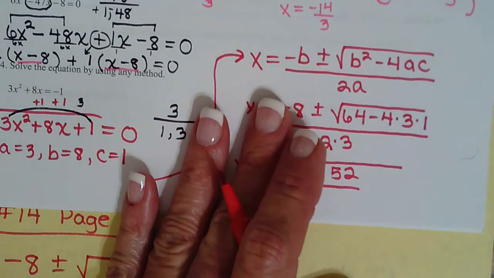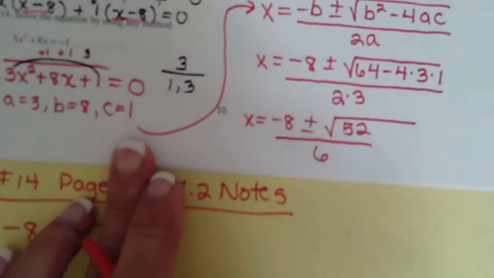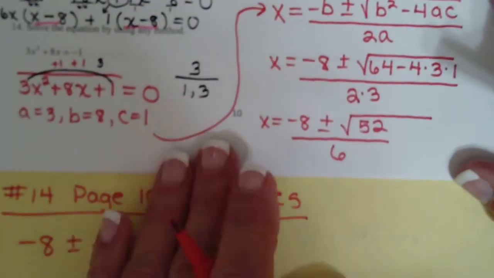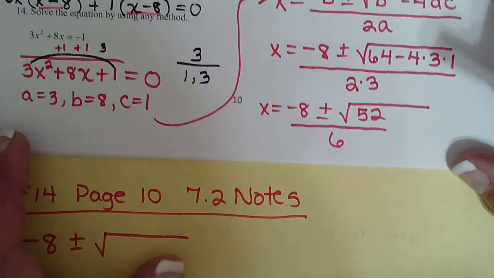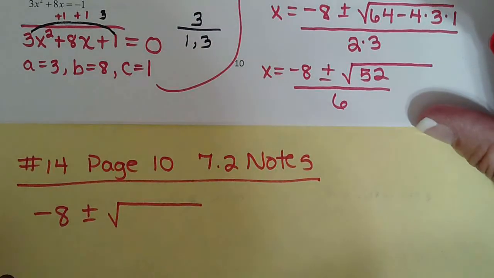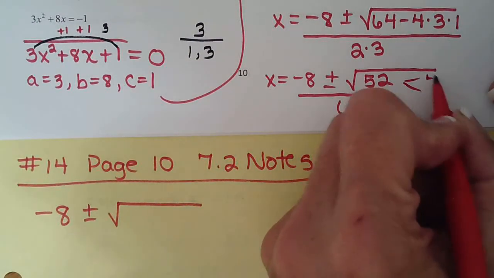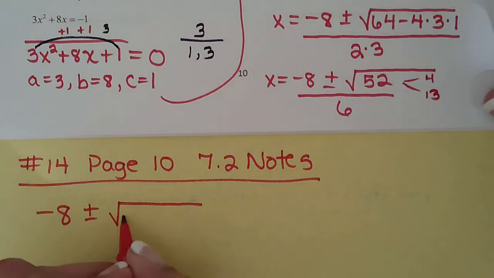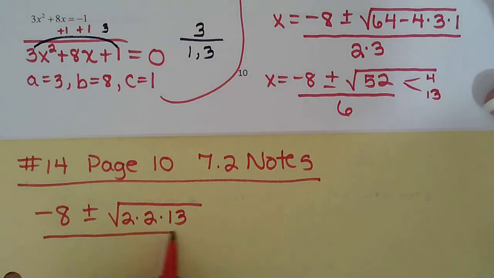So try to get this stuff on the paper. Okay, let me focus. Okay, so 52 is 4 and 13. But a 4 is 2 2s, so I'm going to write 2, 2, 13, and then all over 6.